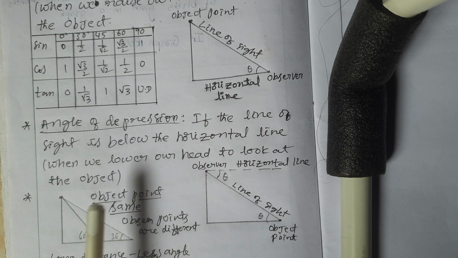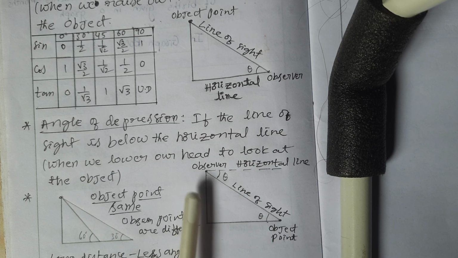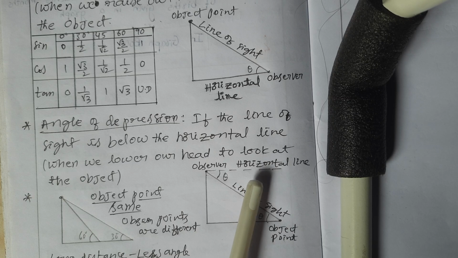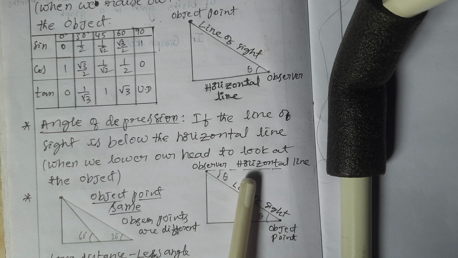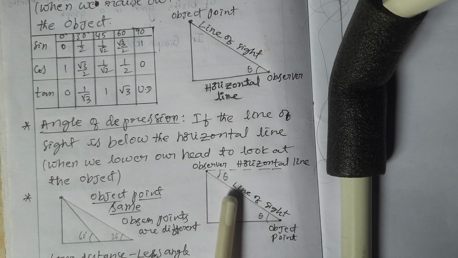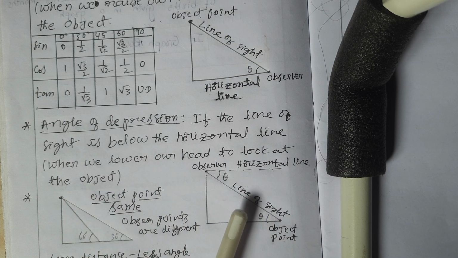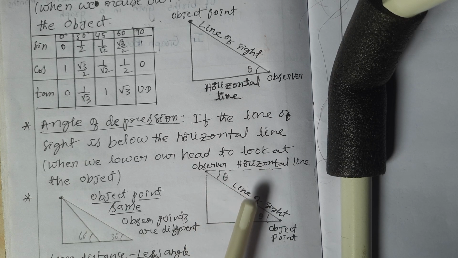Here the observer is present on the first floor of a building, or from the top of the building, or from the topmost tower place, observing downside. This is the horizontal line. Line of sight below the horizontal line is called angle of depression.